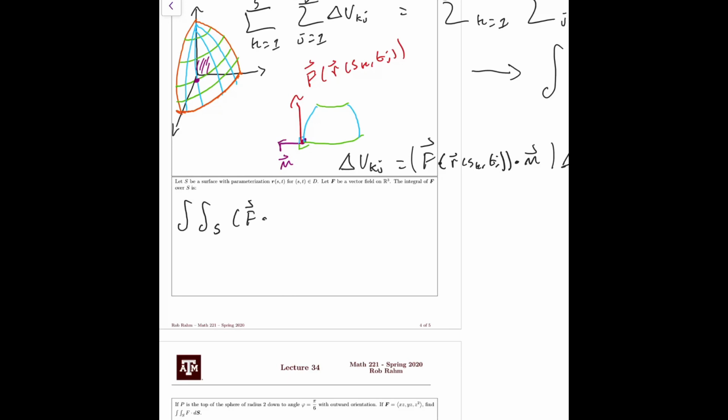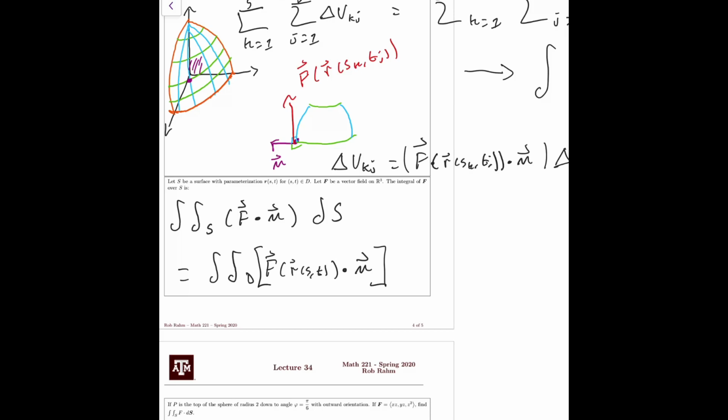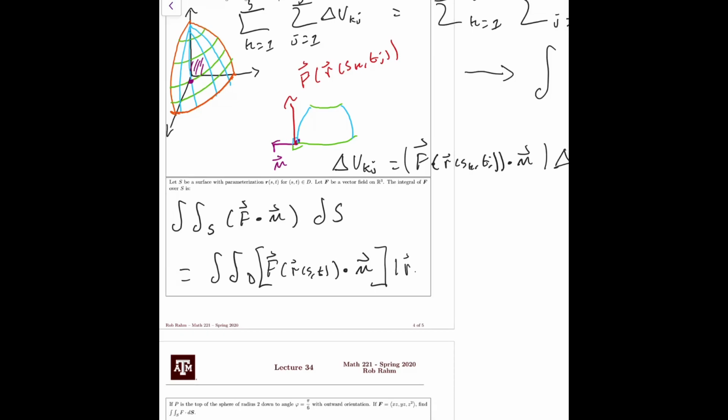It's the integral of the scalar field F dotted with n dS, and as a practical matter, this is the integral over the parameter domain of F dotted with n, and we have to evaluate this at the parameterization, so it's going to be F of r of st dotted with the normal vector, and then the dS, the surface area element, is going to be the magnitude of rs cross rt dA. And we will see this in action in the next video when we actually compute an example.